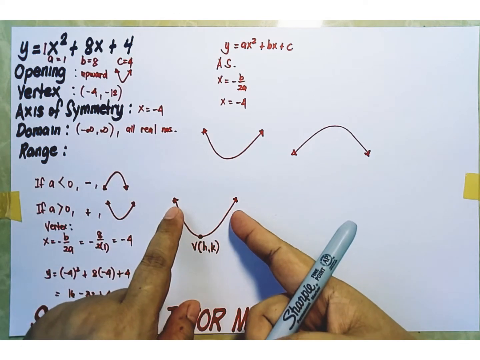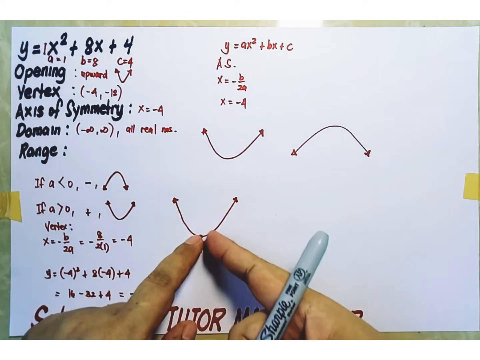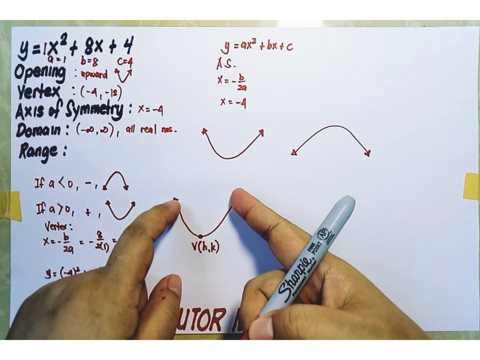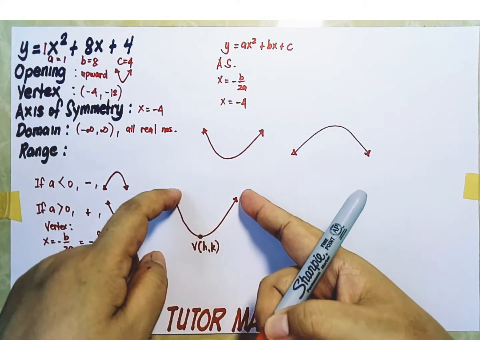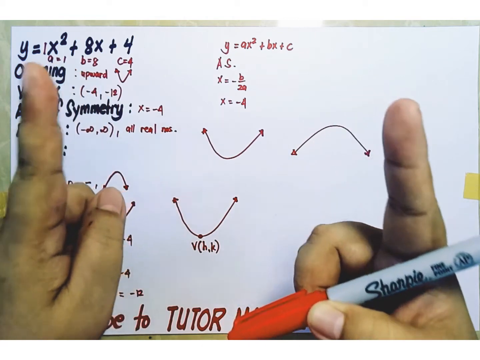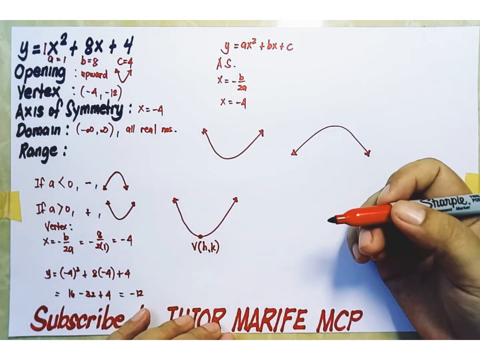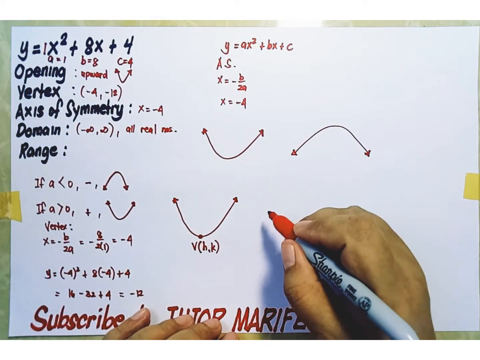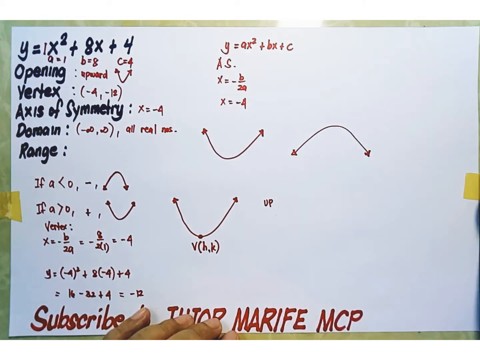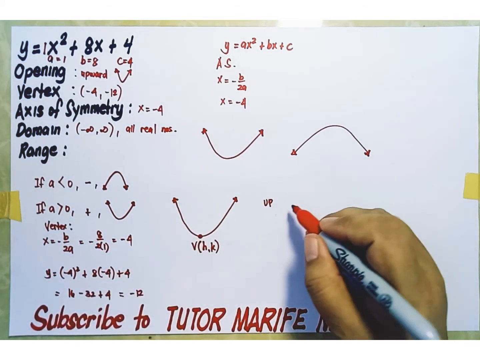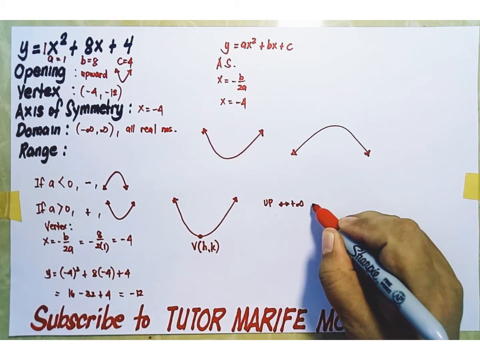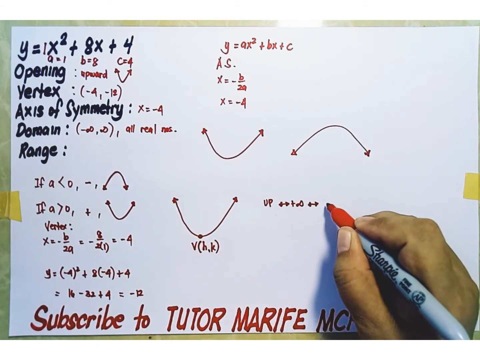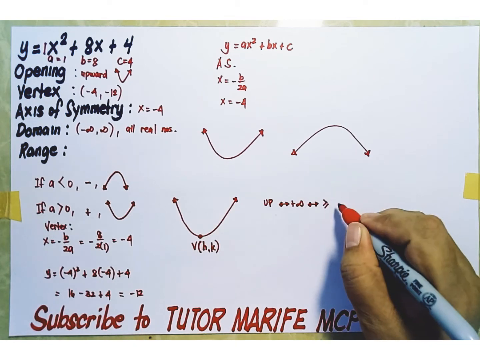These arrowheads indicate that the graph goes on and on towards positive infinity. It's endless. And remember that up, for upward, is always associated with positive infinity and the inequality symbol greater than or equal to.